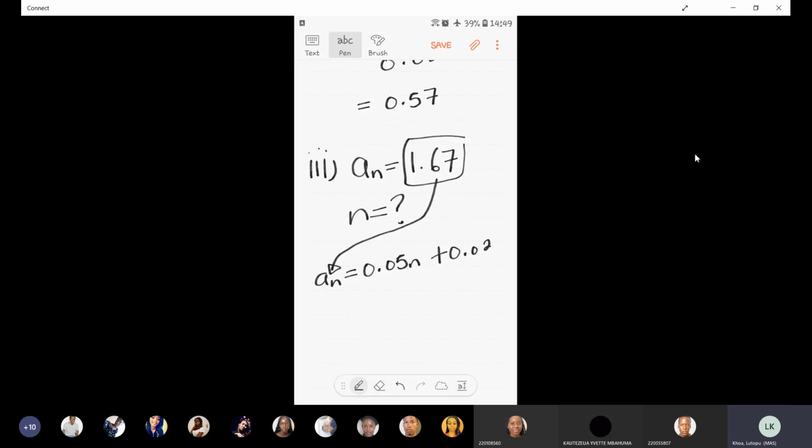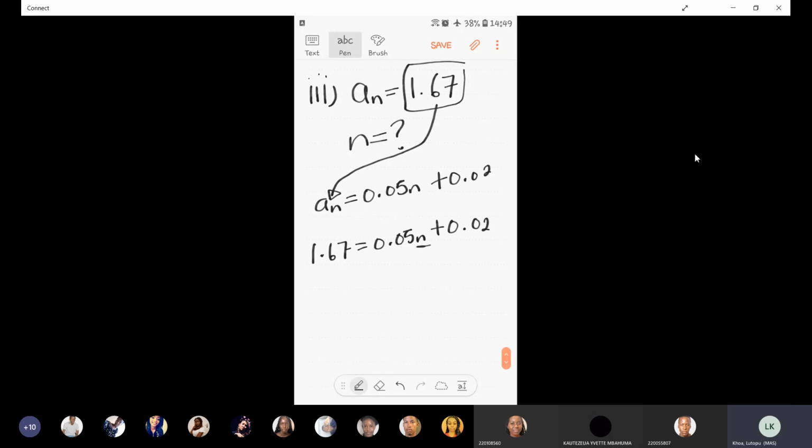So doing that, I have 1.67. This is equal to 0.05n plus 0.02. So this is an equation where you must solve for n. So everything with n on one side, everything without n on the other side. We're left with 0.05n. This is equal to 1.67 minus 0.02, so I have 1.65.